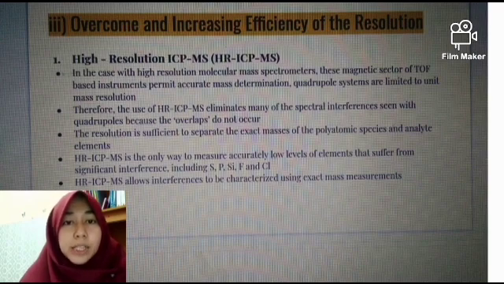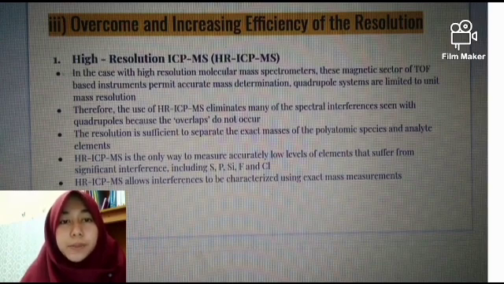Therefore, the use of HR-ICP-MS eliminates many of the spectral interferences seen with quadrupole because the overlap does not occur. The resolution is sufficient to separate the exact masses of the polyatomic species and analyte elements.